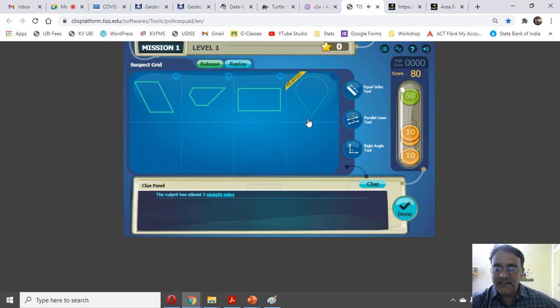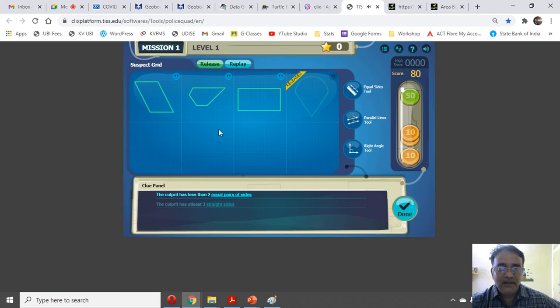If the answer is correct, then the clue will appear once again, and otherwise if we click on the wrong one, then our token will be lost. Again we click on clue. The culprit has less than 2 equal pairs of sides. Which one do you want to release?